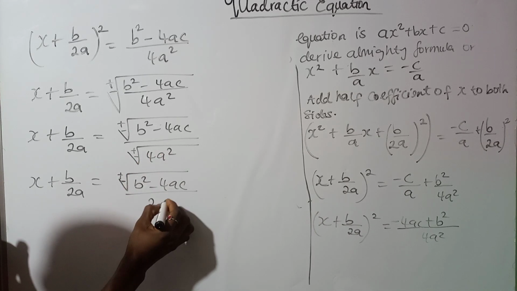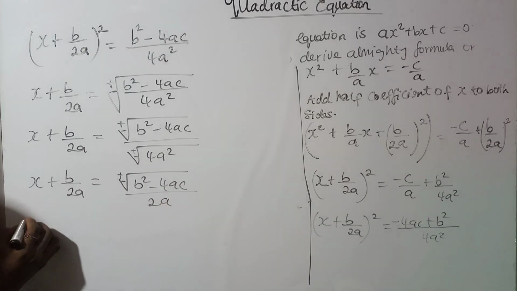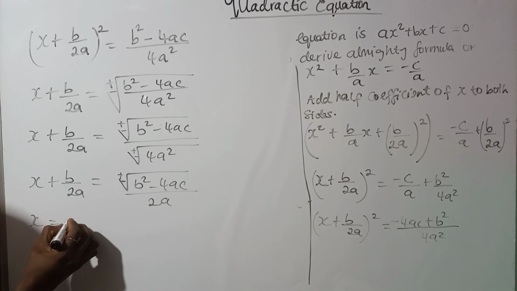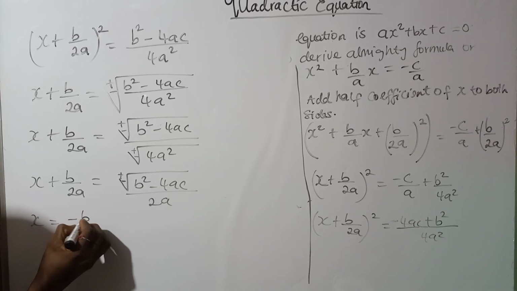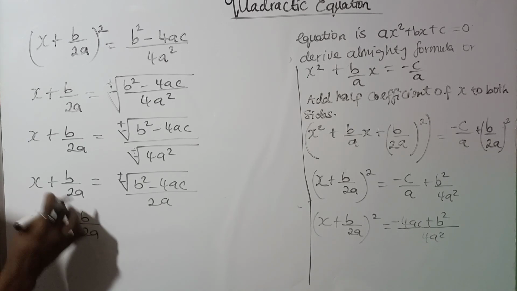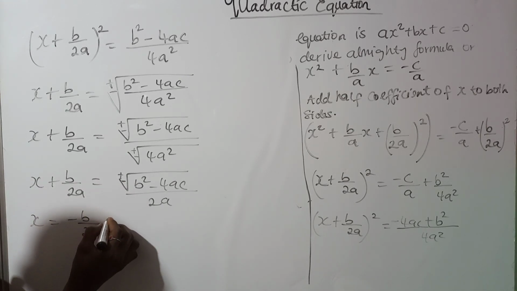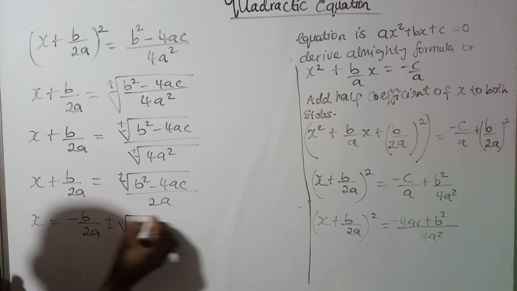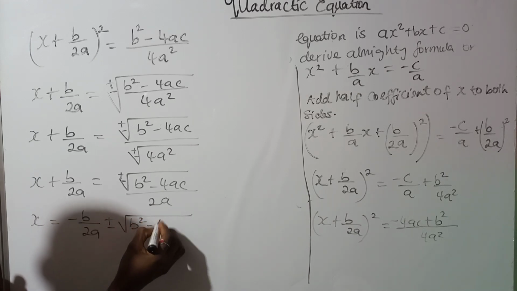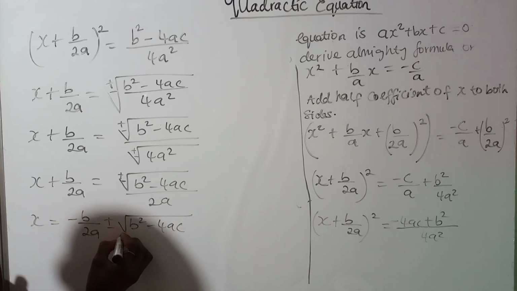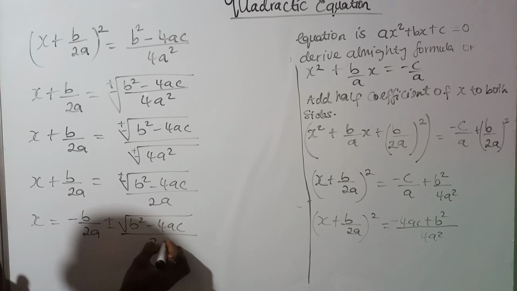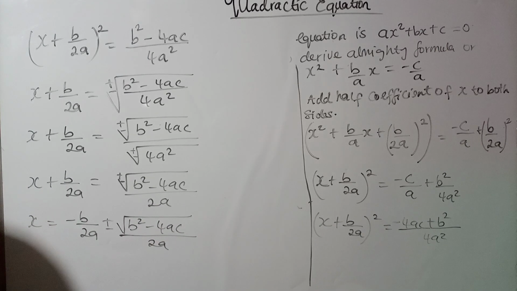Square root of a squared is a. So I'm going to have x equals minus b over 2a. This b over 2a will cross over here to be minus. Then plus or minus square root of b squared minus 4ac all over 2a. Are you seeing it now?